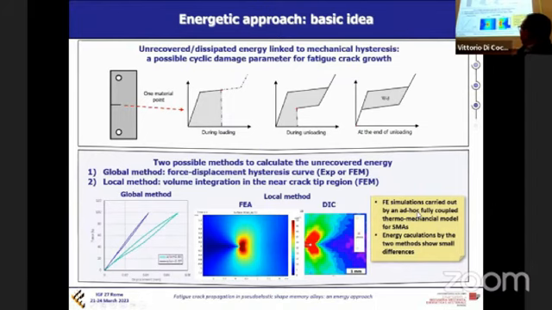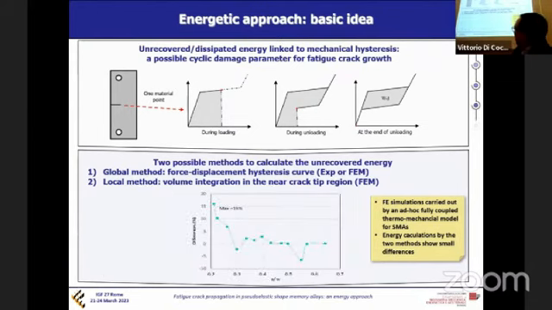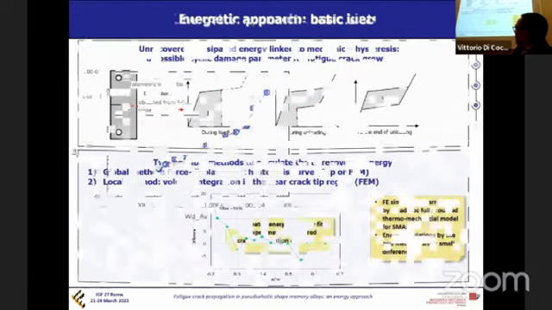To this aim, we performed complex FE simulation by using an ad hoc and fully coupled thermomechanical model for shape memory alloys. And we did this energy calculation. We compared the two methods. They are in good agreement.